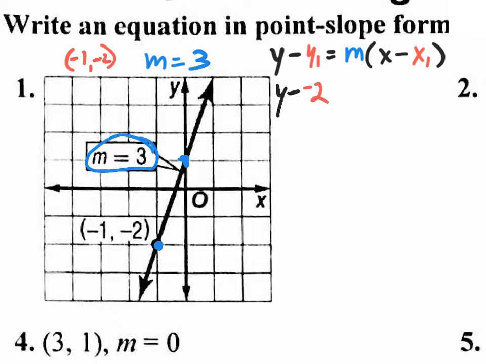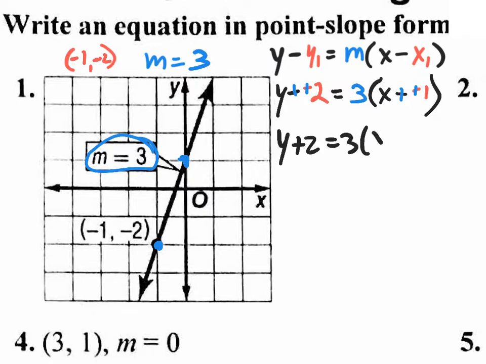Negative 2 equals 3, m, which is 3, parenthesis, x minus x1, negative 1, close parenthesis, and you're done. Actually, the only other thing you could do is change the minus minus to plus plus, and that's it. That's your answer. y plus 2 equals 3, parenthesis, x plus 1. You're done.